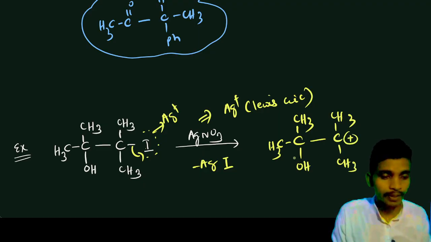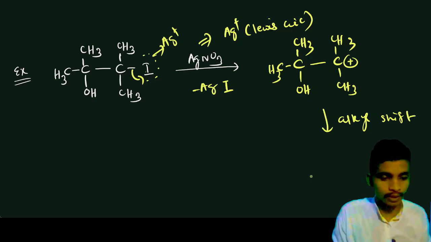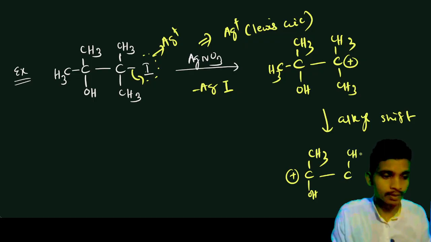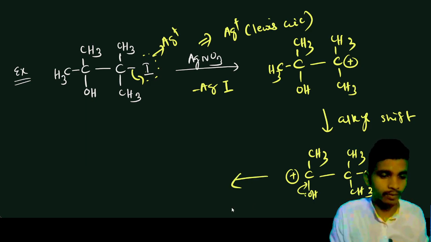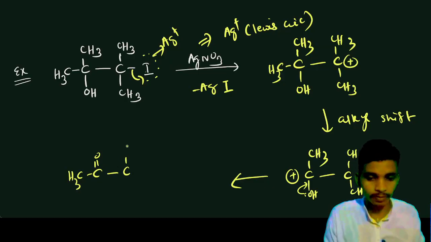Okay, now what will happen is that the alkyl will shift, so that we are going to get here CH3, here we have that positive charge, OH, and this is going to be CH3, and this is going to be CH3. So now this lone pair will give electrons here, so that we're going to get C double bond O, this is going to be CH3 and this is going to be CH3.